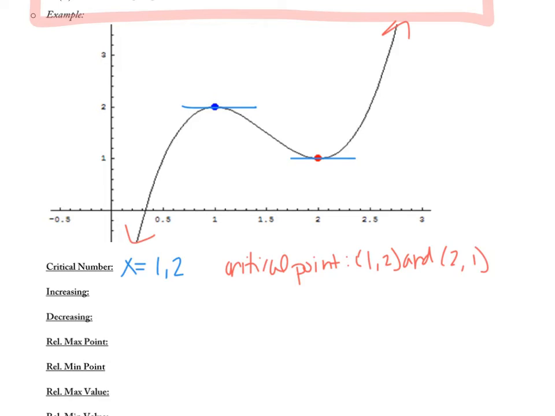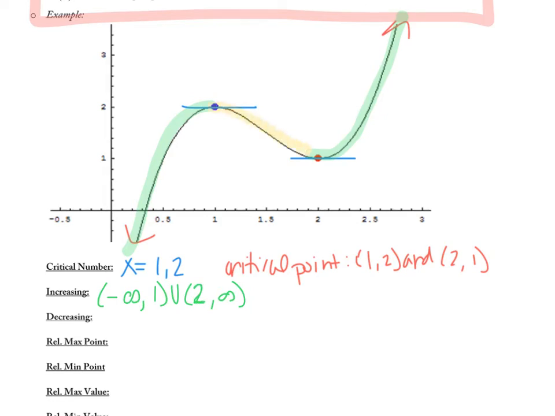All right, so where is our graph increasing? Oops, sorry, I meant to use the highlighter there. There we go. So we're increasing from here to here, and then there's the other section. So increasing from negative infinity to 1, and then again from 2 to infinity. Notice that our intervals start at those critical points.